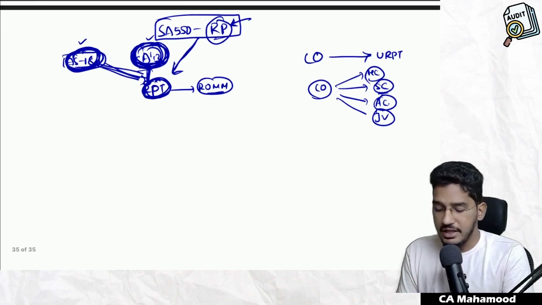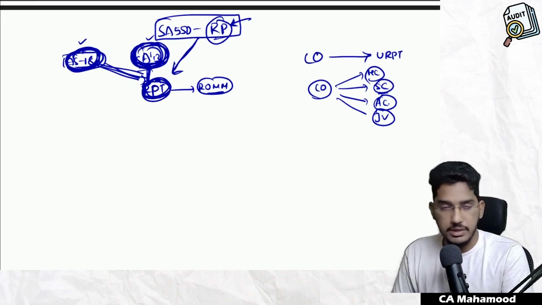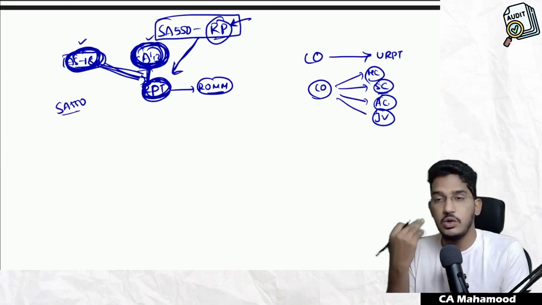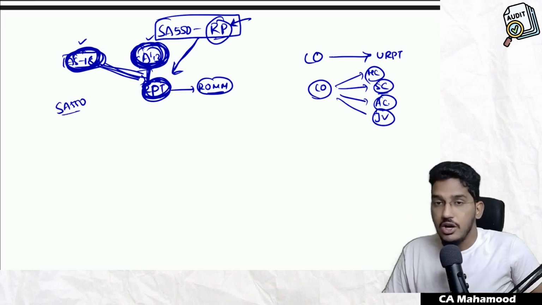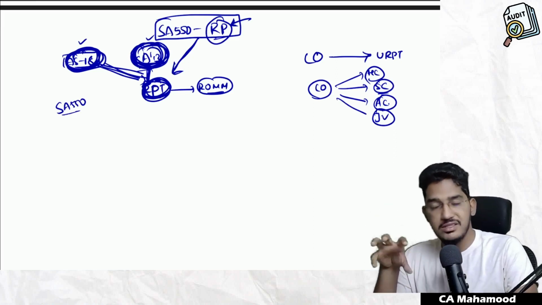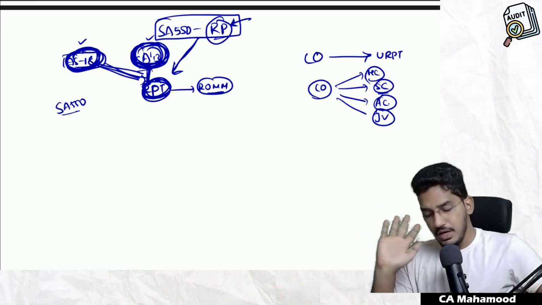So what exactly should auditors do with regard to related party transactions? That's what SA 550 explains. What is your responsibility as an auditor regarding related party transactions? That's what this standard talks about. Very simple, guys.